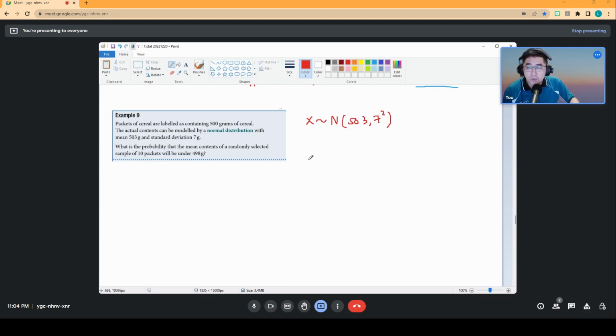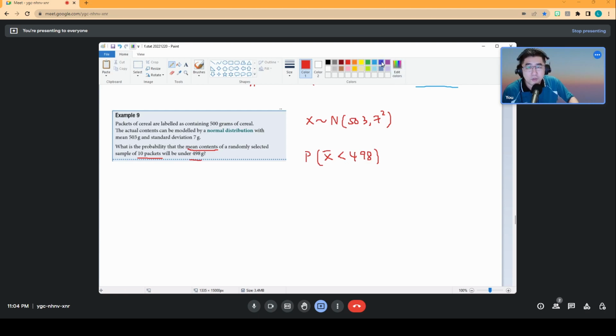What is the probability that the mean content of 10 randomly selected packets will be under 498 grams? The question is asking about the probability of the mean.